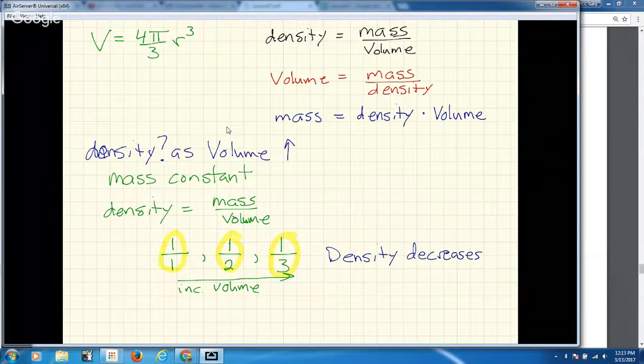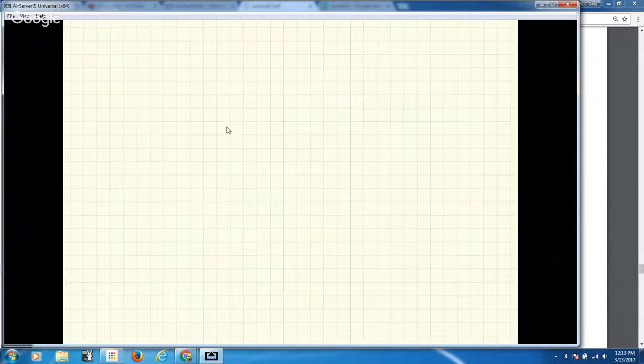So let's see. What do we know for this next part? So question number 36. We know that density is equal to mass over volume.